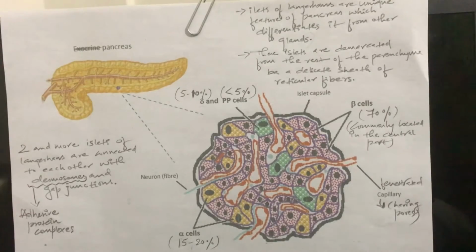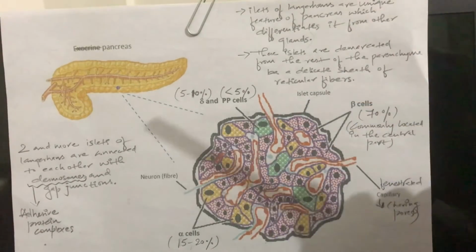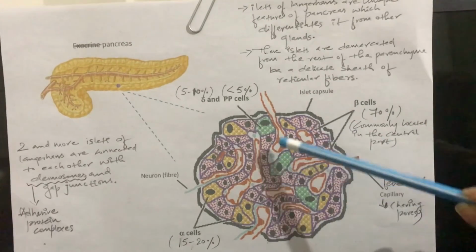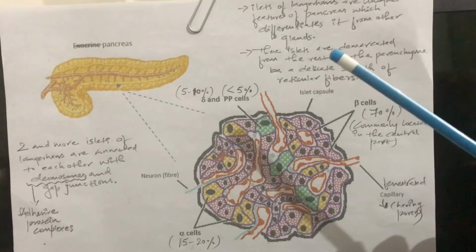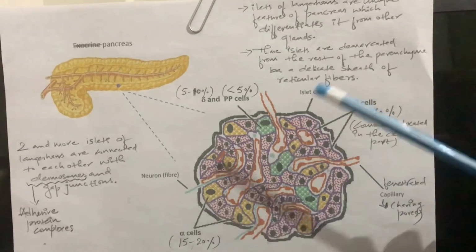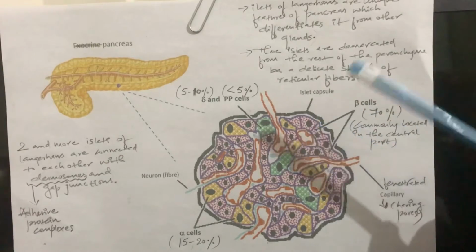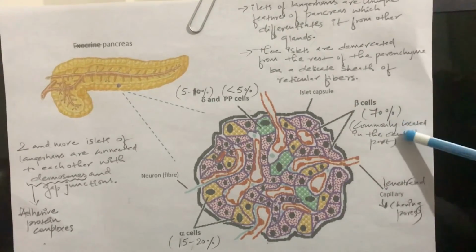Now here is endocrine cell of pancreas, that is islets of Langerhans. This is islets of Langerhans. Inside this there are alpha, beta, gamma, delta and pp cells, as you can see, and majority is beta cells, 70%, commonly located in the central part.